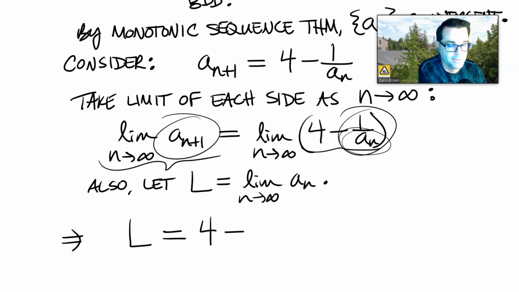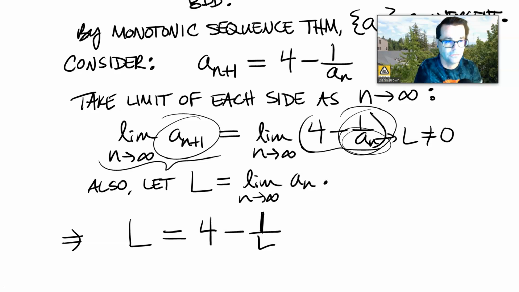And we know our limit's not 0, because the terms are increasing and the second term is 3. So this is converging to L, which is not 0, so 1 over that is converging to 1 over L. So that means L, the limit, has to be equal to 4 minus 1 over L.